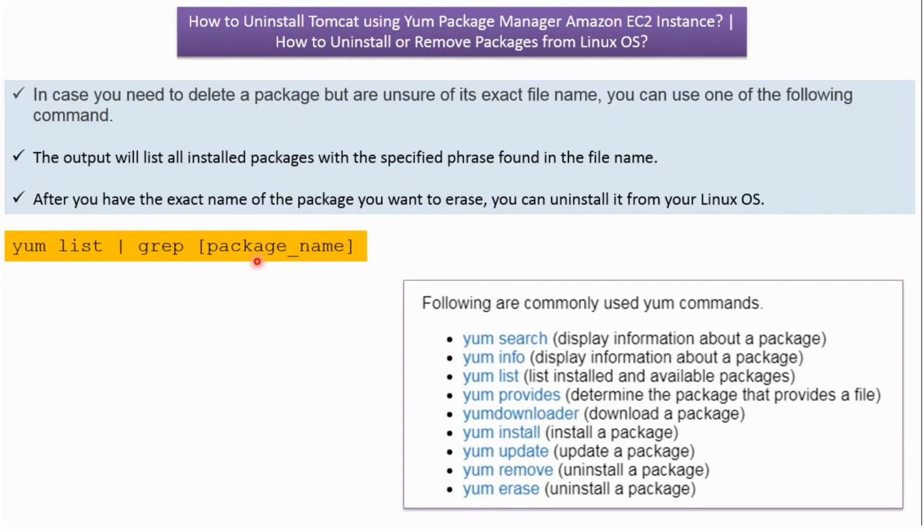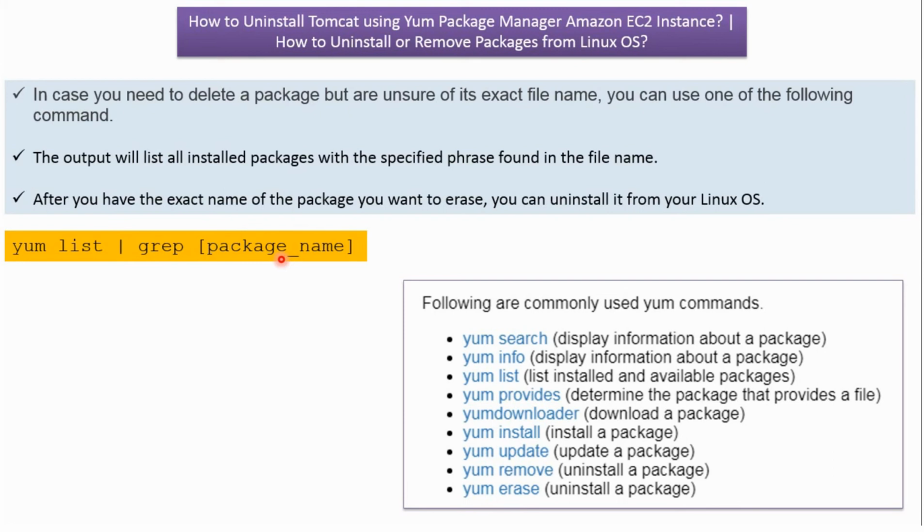In case you need to delete a package but you are unsure about the exact file name, you can use this command: yum list installed | grep package name, and the output will list all the installed packages with the specified phrase found in the file name.